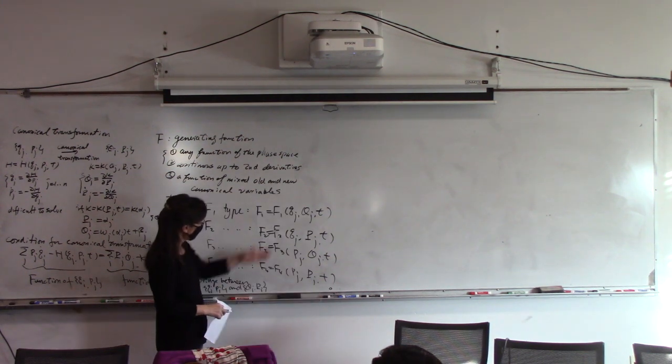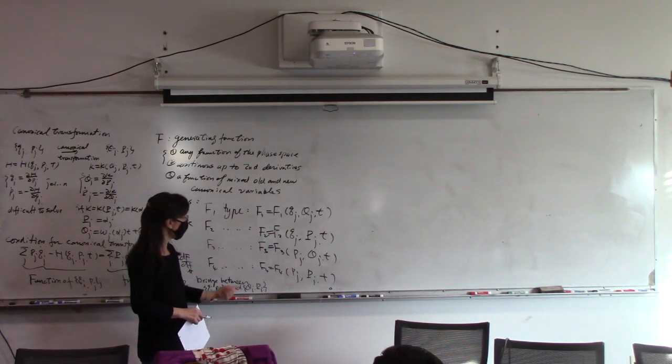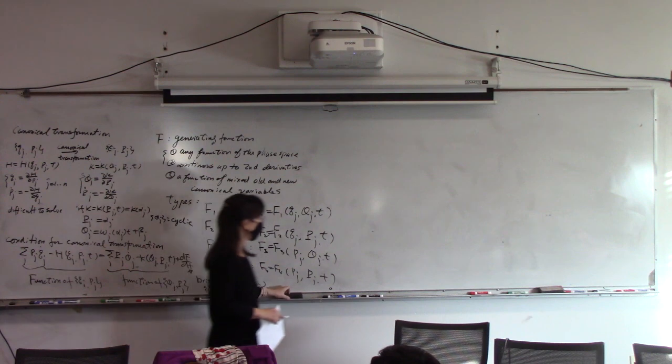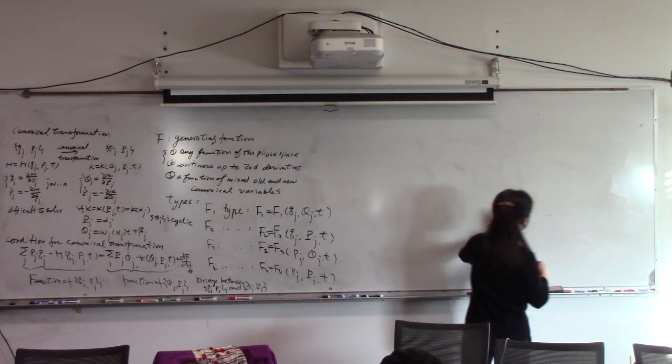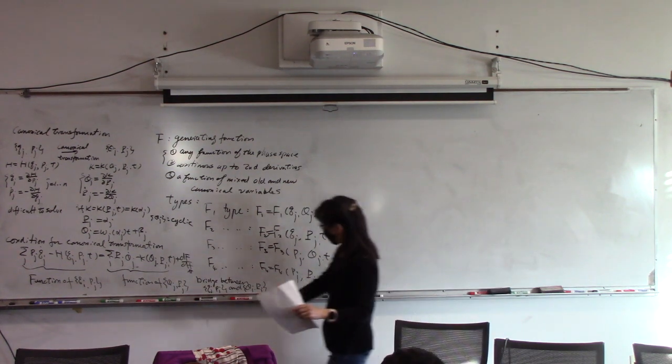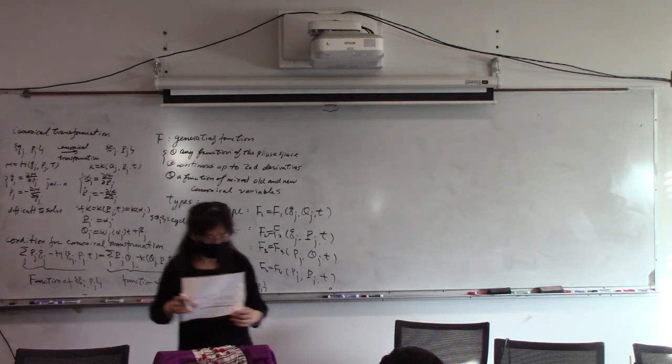So you can see how to mix these, and we can also make a mixture of F1, F2, or F1, F3. Let's start by discussing each one individually, then we can take some examples and see what happens if we mix these four types together.